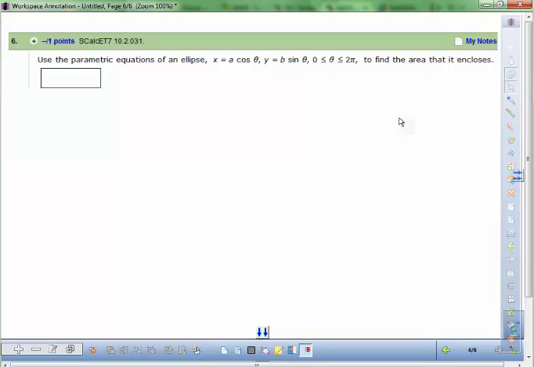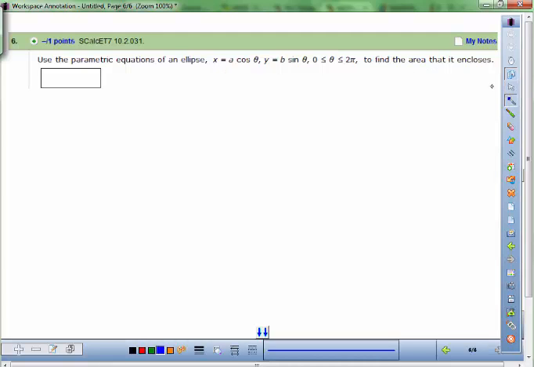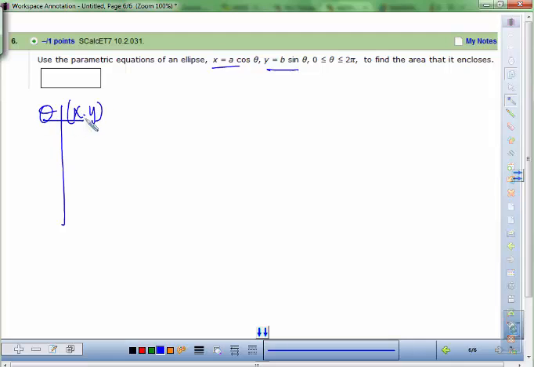So we have to agree that this particular ellipse is being drawn in a particular way so that we know how to set up our limits. This is finding an area under the curve. Testing a couple of points: when theta is equal to 0, I have (a, 0), since cosine of 0 is 1, which gives you a, and sine of 0 is 0.